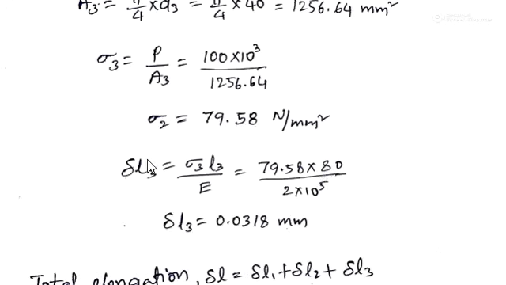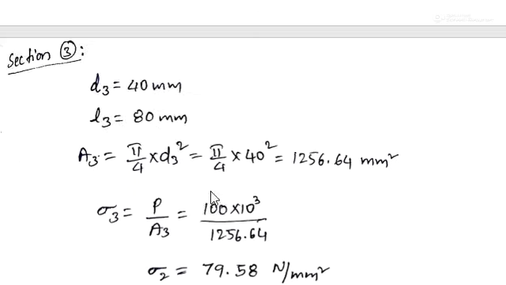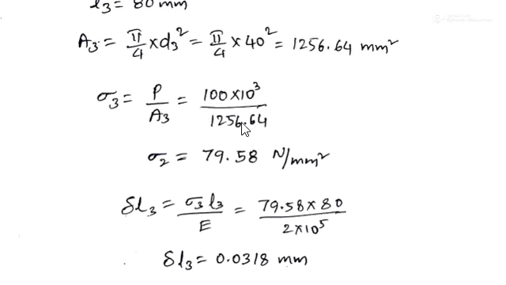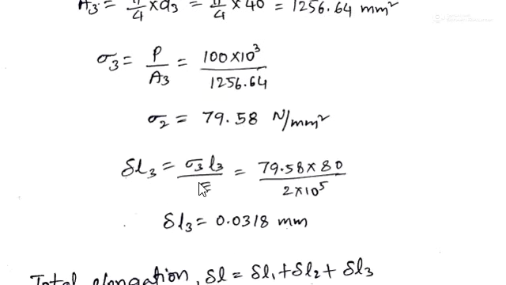To find the extension delta L3, we write the formula sigma 3 L3 by E. Sigma 3 is 79.58 into L3 which is 80, by E value 2 into 10 to the power of 5. When you simplify that we get delta L3 as 0.0318 mm.